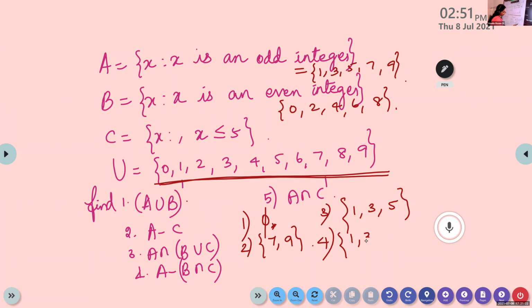Yes, correct. And the fifth one, A intersection C dash, is again 7, 9.